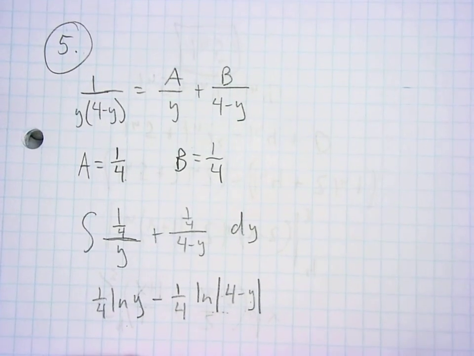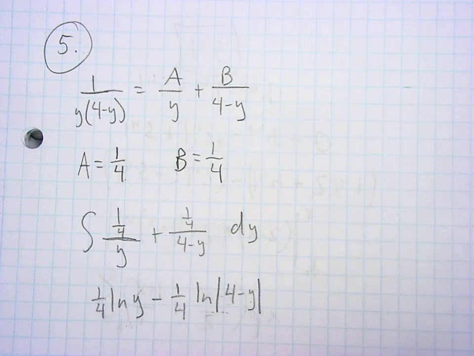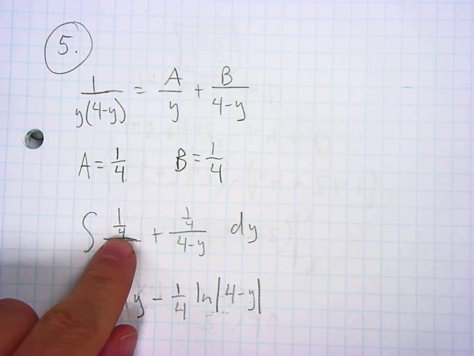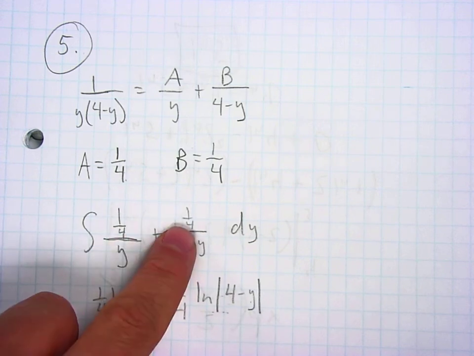Number 5: we need to split it into partial fractions first, and you can see my work here. This one's pretty easy. The weird thing is that we get fractions as my coefficients on top.